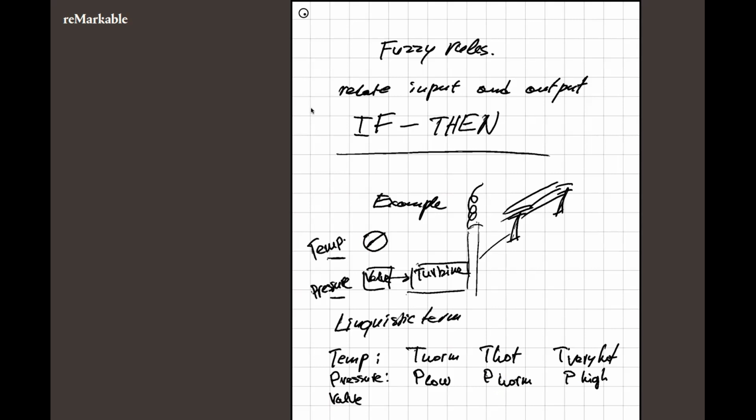So we can have it like negative large, negative small, 0, positive small, and positive large.